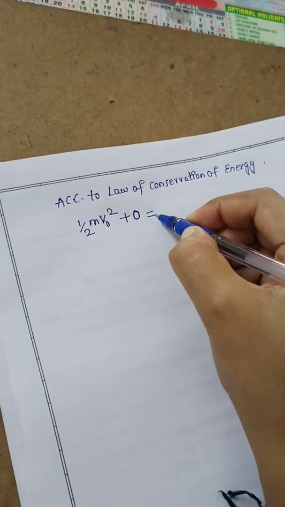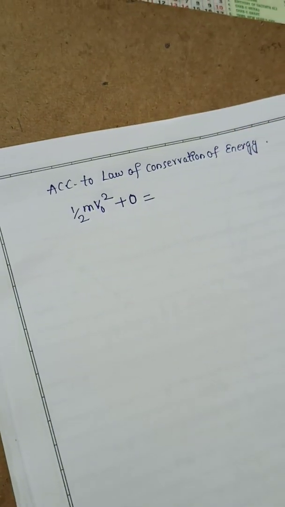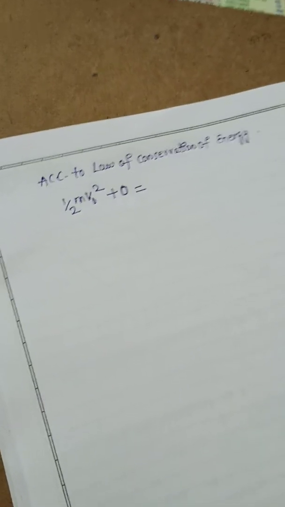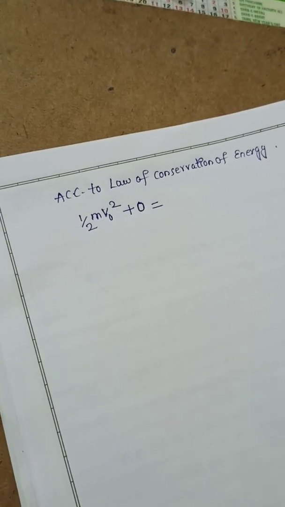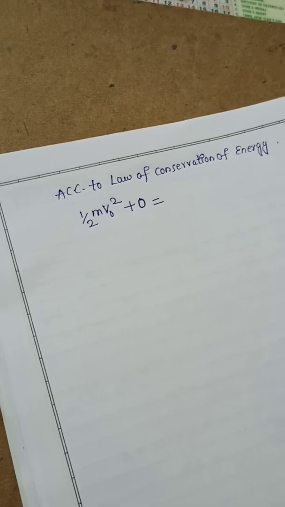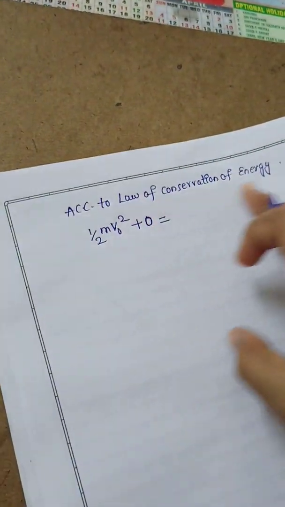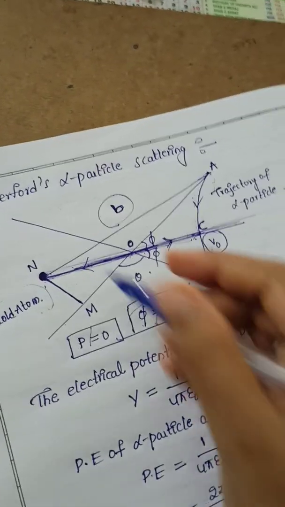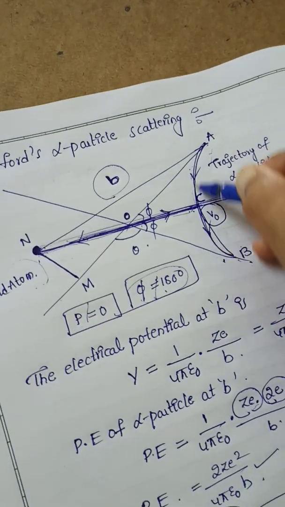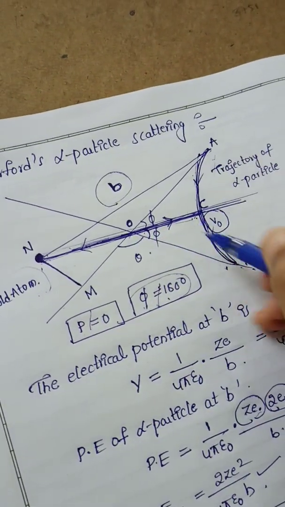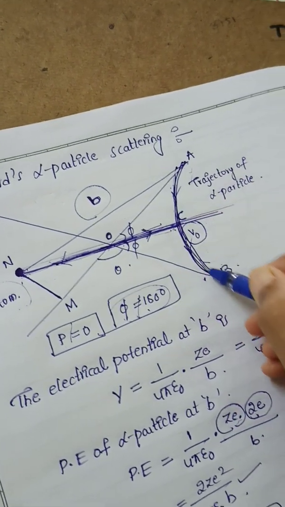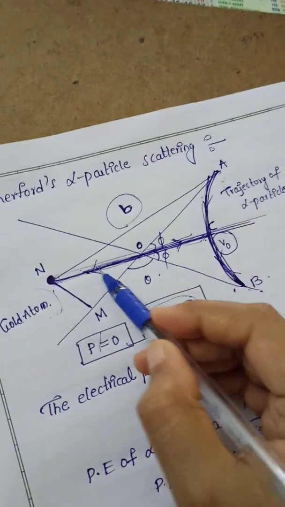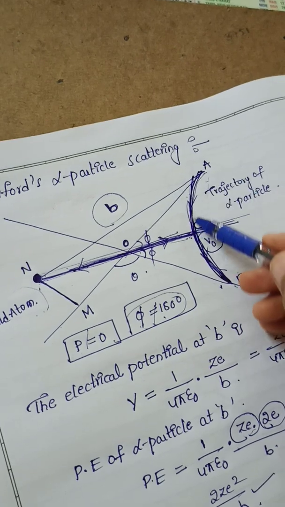This is equal to the energy on the hyperbolic path followed by the alpha particle. So there is a law of conservation of energy between this path and this path. We are equating the kinetic energy and potential energy of the 180 degrees phase shift path with those of the hyperbolic path.